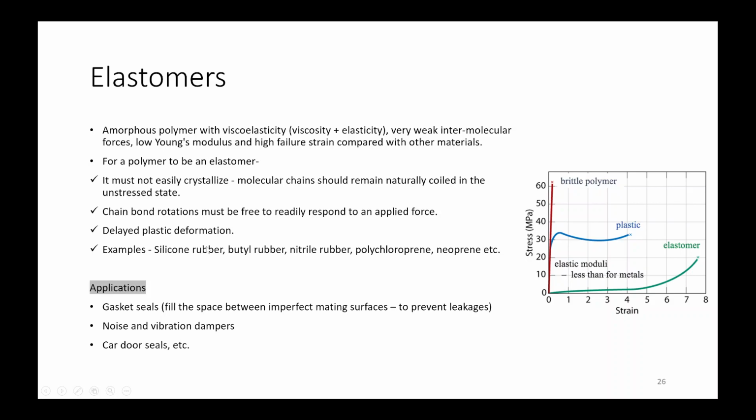Examples are mainly rubbers such as silicone rubber, butyl rubber, nitrile rubber, polychloroprene, and neoprene, etc. Applications are in making gasket seals, which fill the space between imperfect mating surfaces to prevent leakages, noise and vibration dampeners, and car door seals, etc.